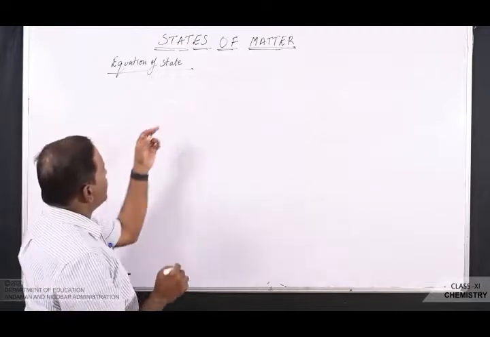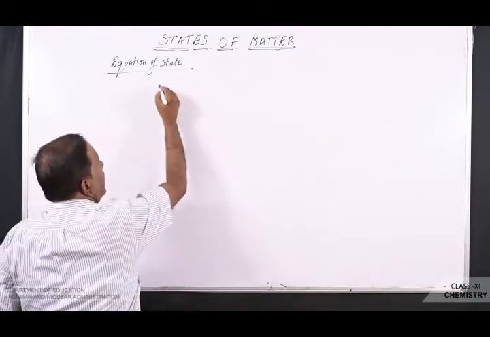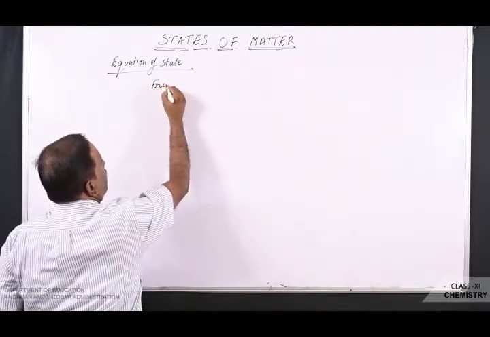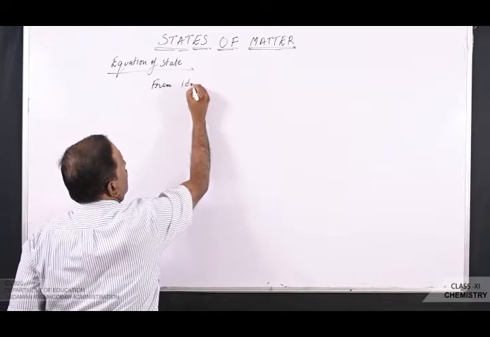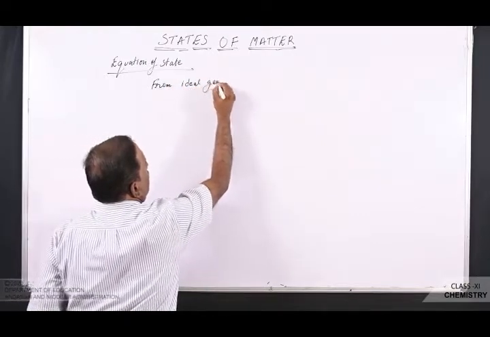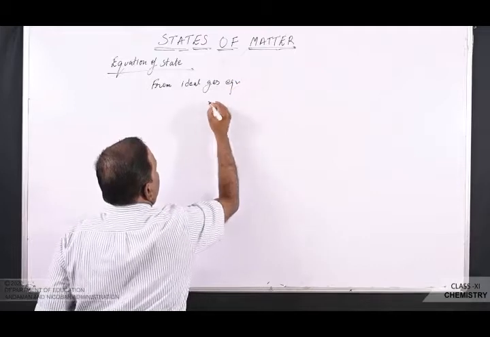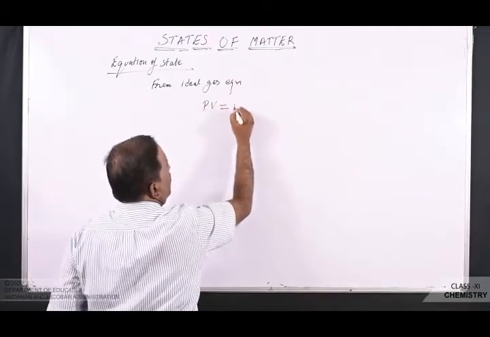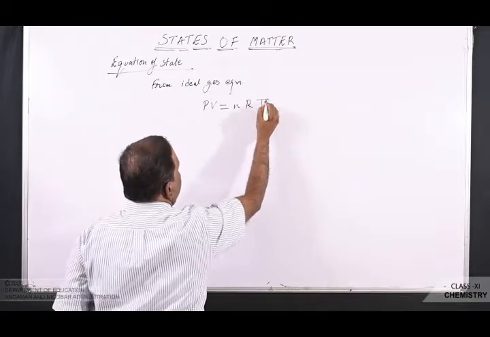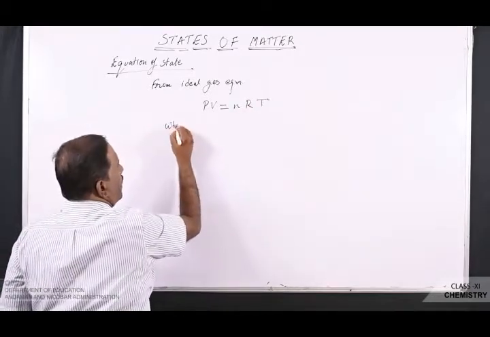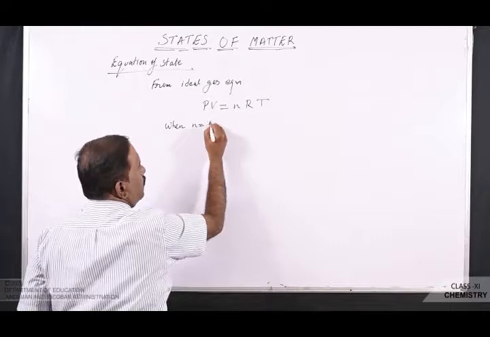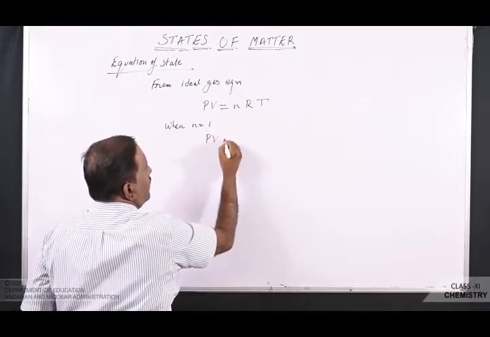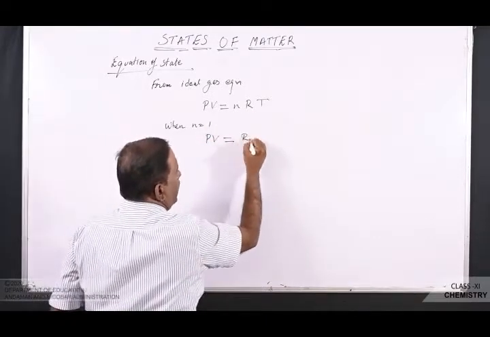Now, the equation of state from the ideal gas equation, PV is equal to nRT. So when n is equal to 1, PV will be RT.